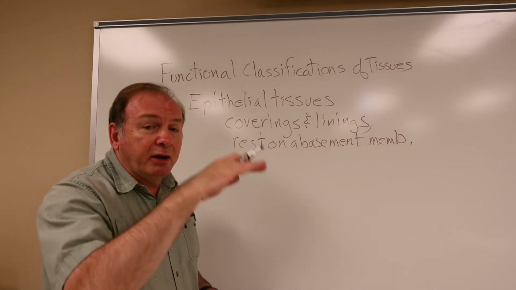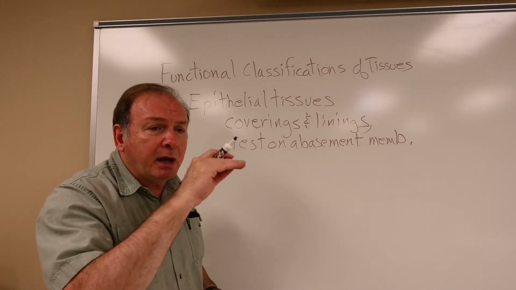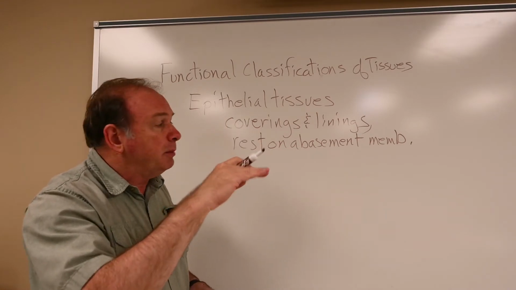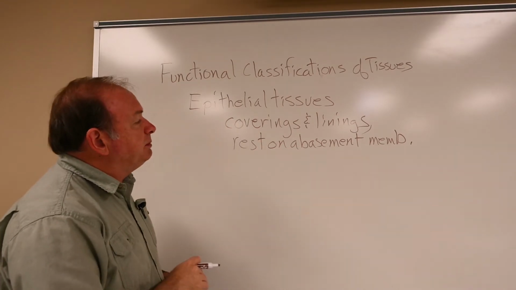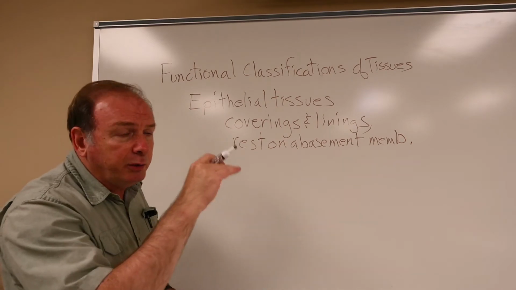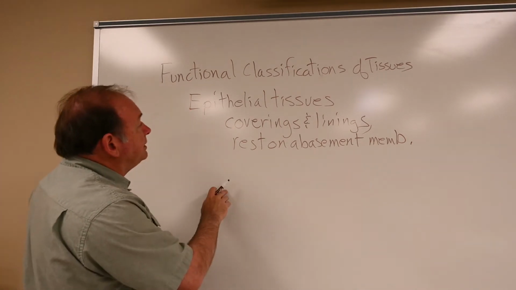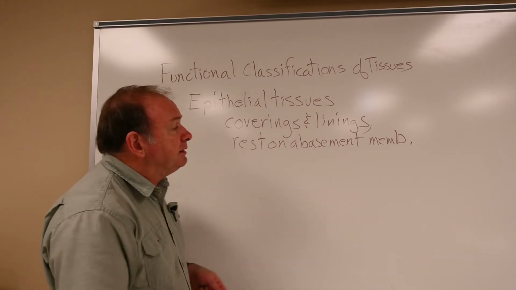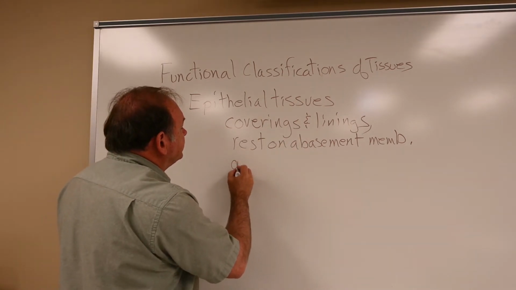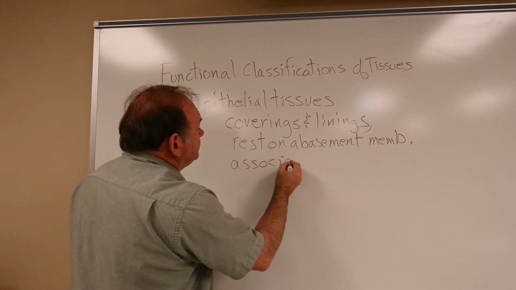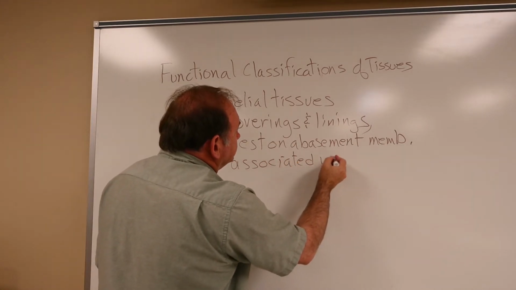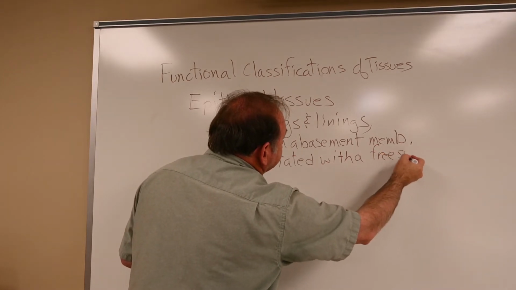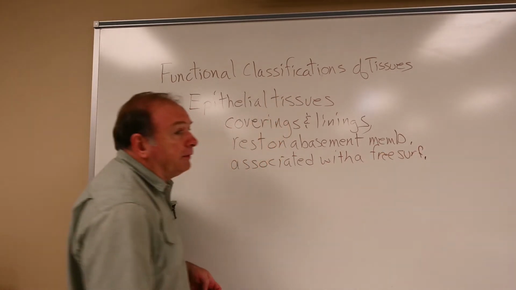It's an extracellular layer. It's not made out of cells, not made out of the actual cell material, but something secreted by the cells. It forms a basement membrane. It's kind of a glue that holds the epithelium in place. And usually, because it's a covering or lining, this is associated with a free surface.